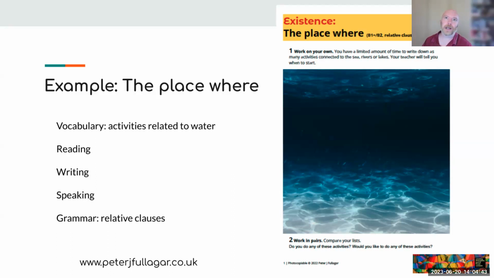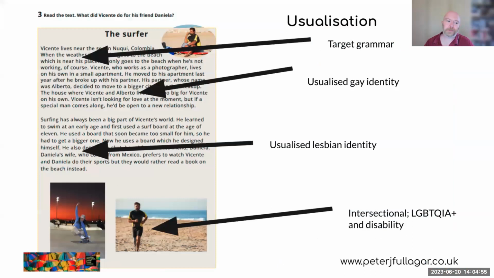And this is, for me, a good example of what I think a usualized and then a disrupted teaching resource should be. So this is the reading here, and this is using a usualized approach. The text, I know it's very small. We don't necessarily need to read it, but the text is about a surfer who comes from Colombia.